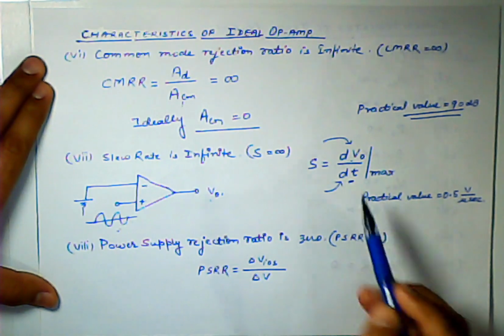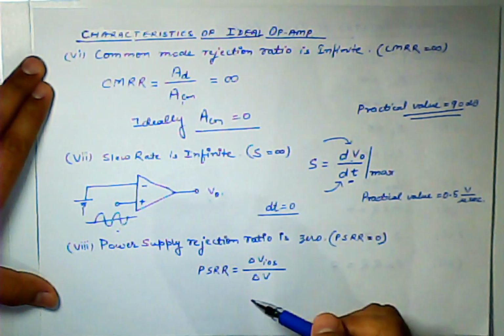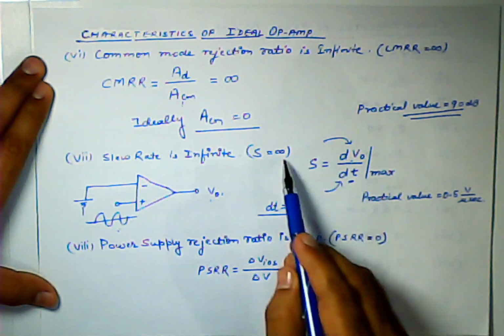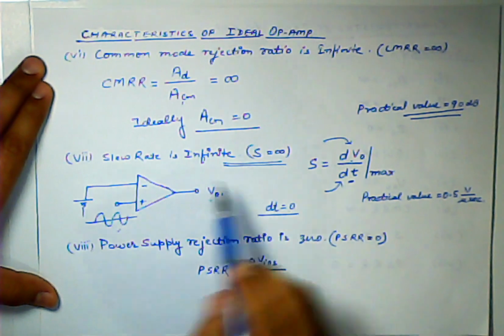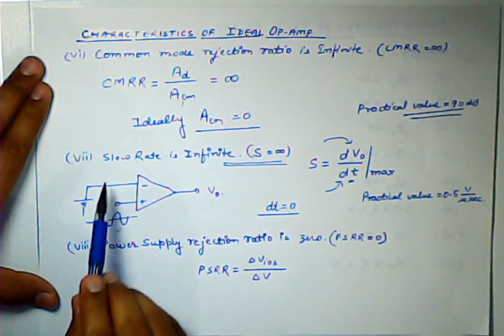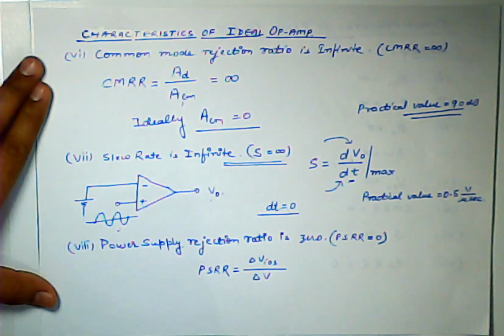If the delay is 0, slew rate is infinite. So slew rate is infinite for ideal op-amp. This parameter also decides the maximum frequency of operation of an op-amp.